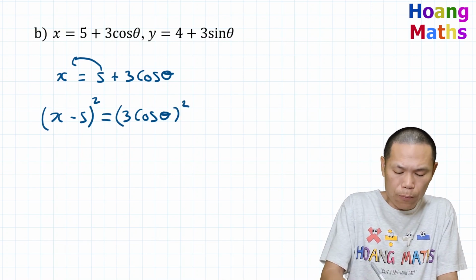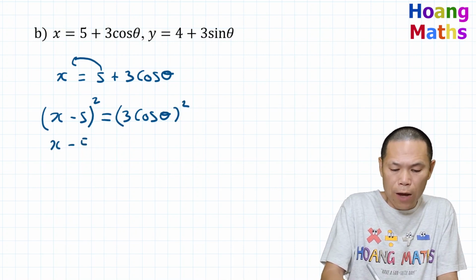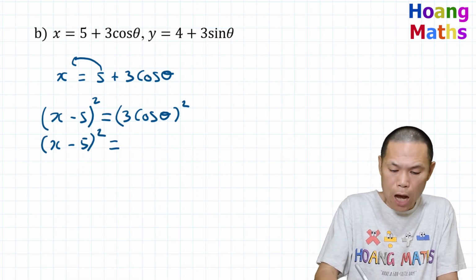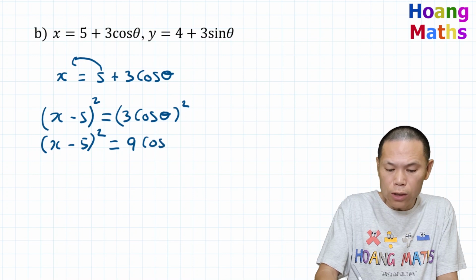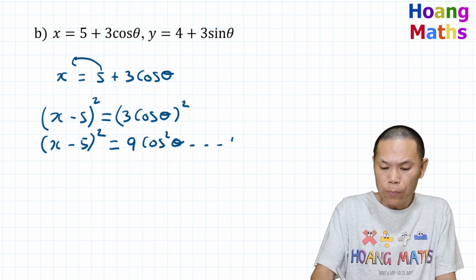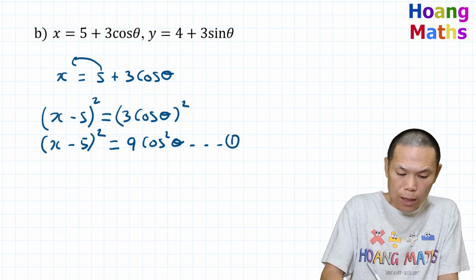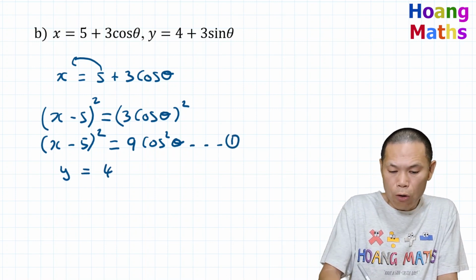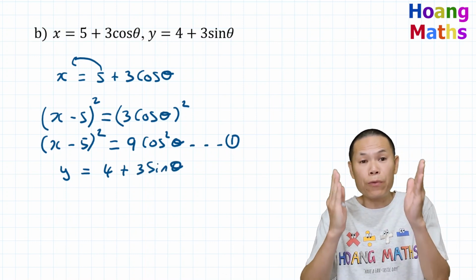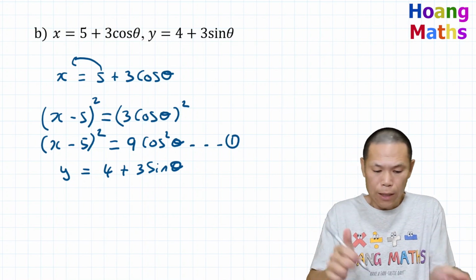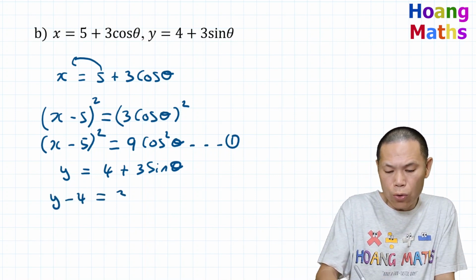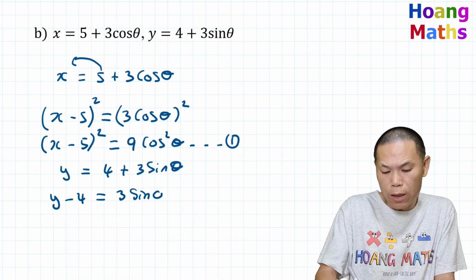That gives me (x minus 5) all squared equals 3 squared, which is 9, times cos squared theta. Let's name this equation number 1. And for y is equal to 4 plus 3 sine theta, I move the 4 to the other side, so that gives me y minus 4 is equal to 3 sine theta.